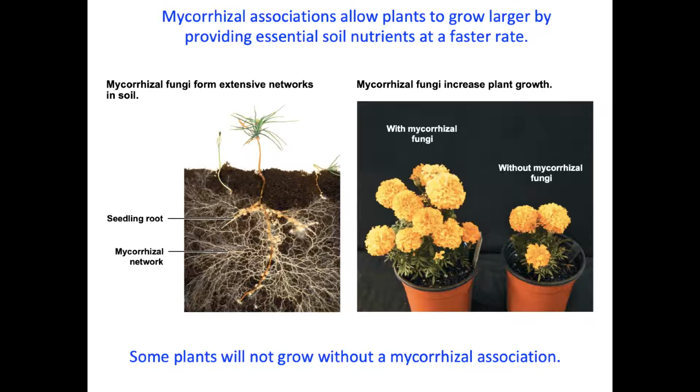In fact, some plants will not even grow without a mycorrhizal association. One of the consequences of sterilizing soils is that the fungal spores in the soil are killed. So plant growth on sterilized soils is often very limited until the soil is inoculated by adding fungal spores.